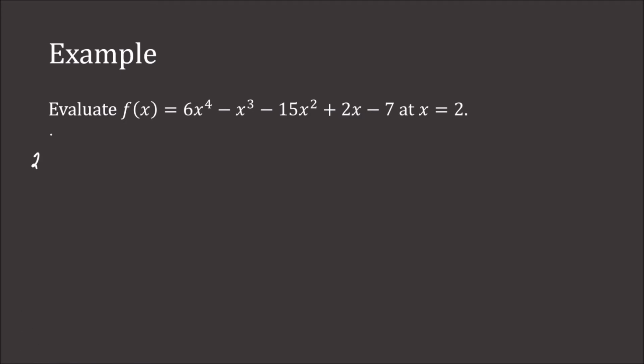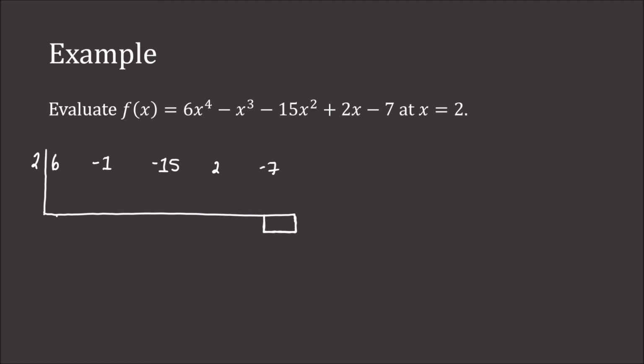So 2 will have 6, negative 1, negative 15, 2, and negative 7. And the idea is we want this term right here. That's the remainder.